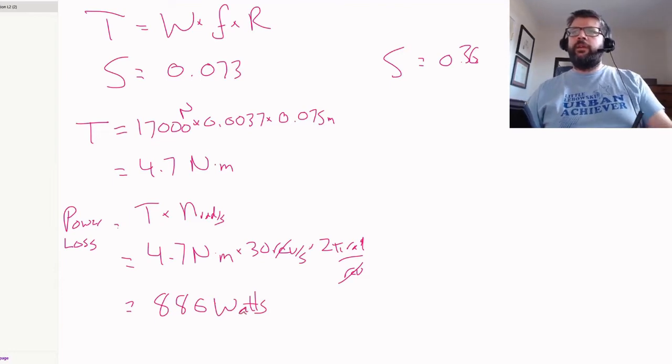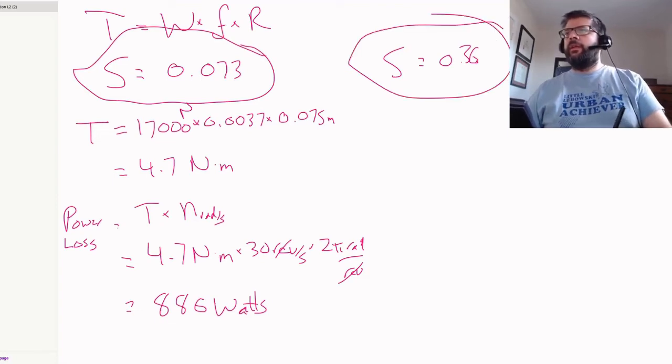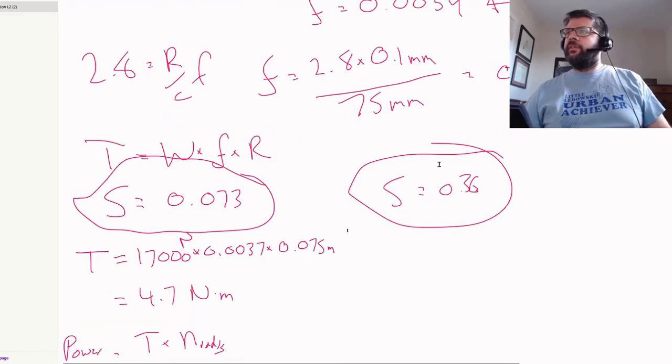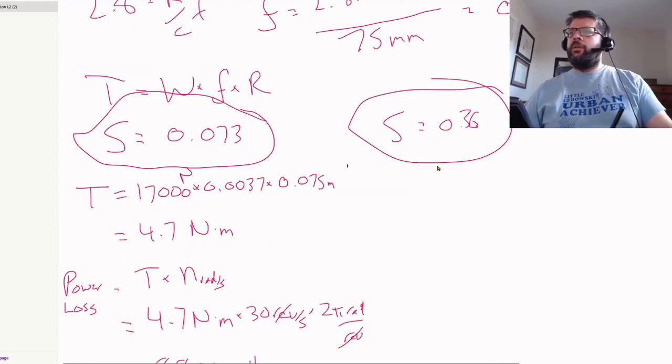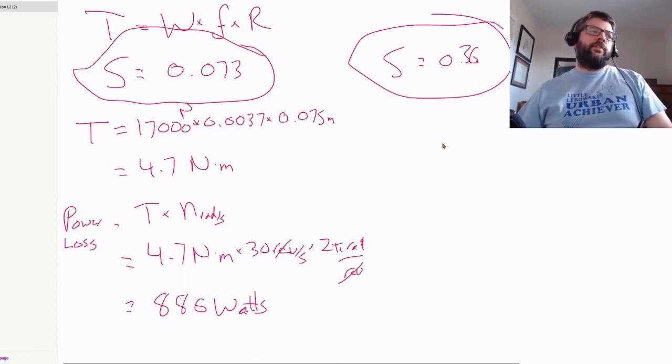So that's for this one here. That's our low friction case. For a high friction case here, what do we got here? So the coefficient of friction is 0.0454. Realistically, the only value here that changes is the coefficient of friction.